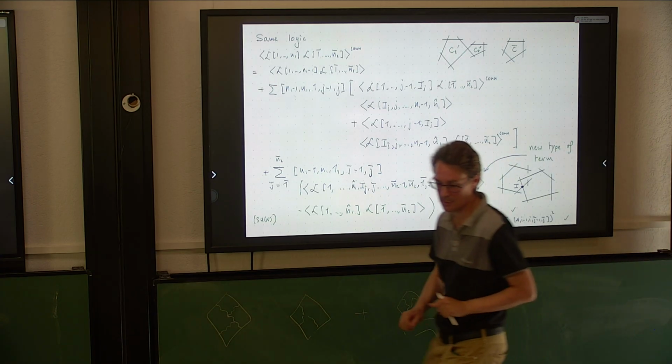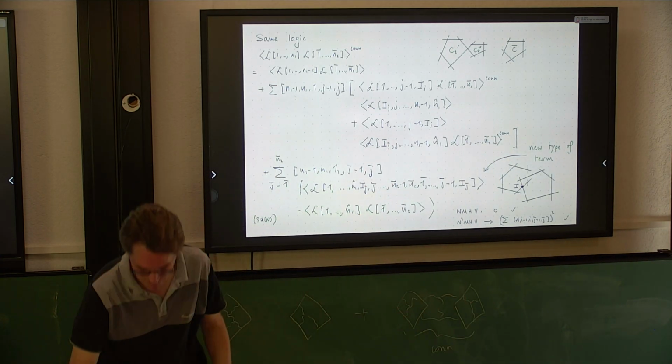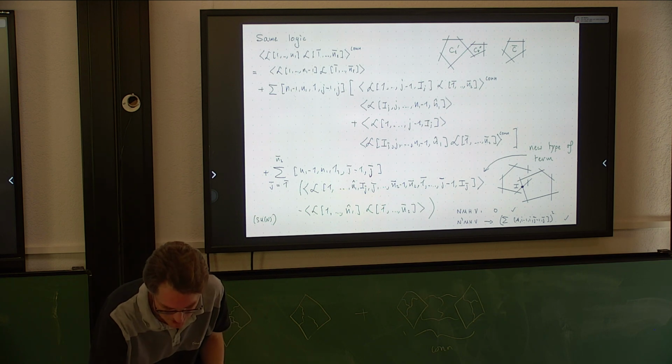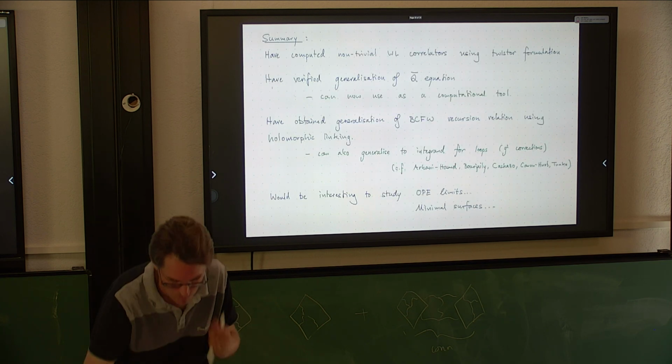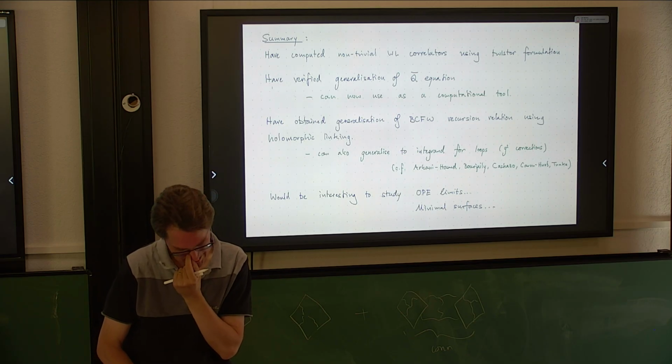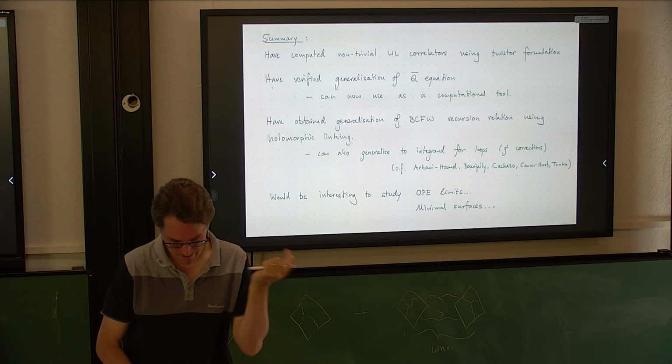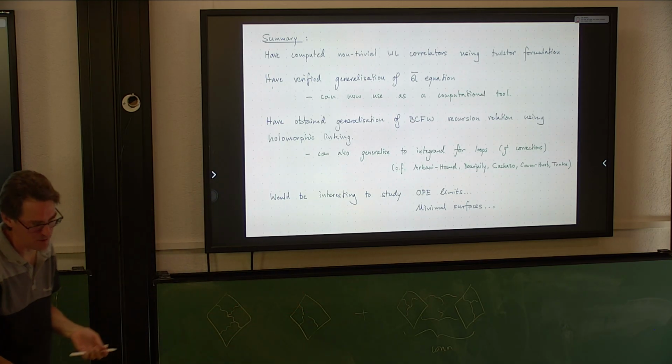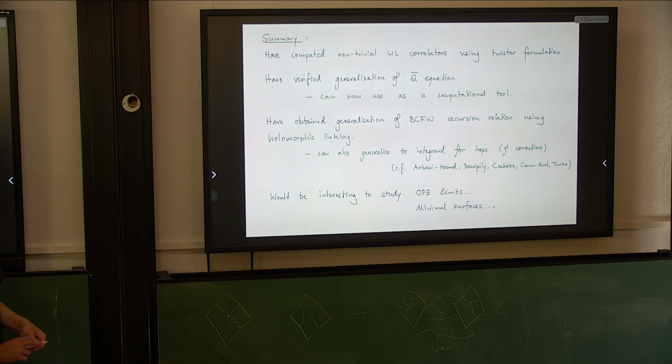Okay. All right, so I'm sorry I've overrun, so let me just finish up. Again, I was meant to comment, but let me say what I've done. We followed this formulation of Mason-Skinner, and we used it to compute some Wilson loop correlators, multiple loop objects, using this supersymmetric formulation.